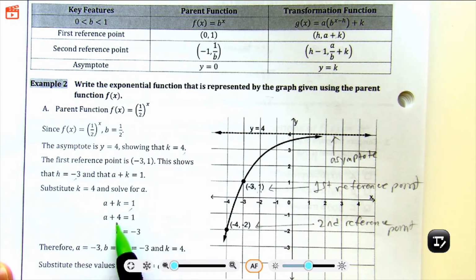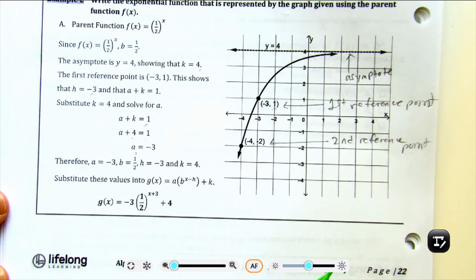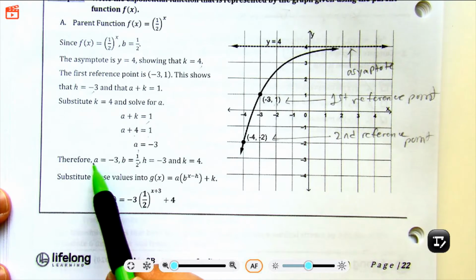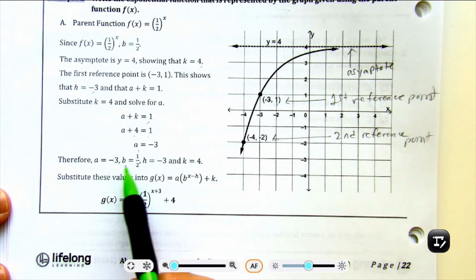If you subtract 4 from both sides, we get a equals -3. So therefore, we have all of our values for our letters. A is equal to -3, b is equal to 1/2, h is equal to -3, and k is equal to 4.